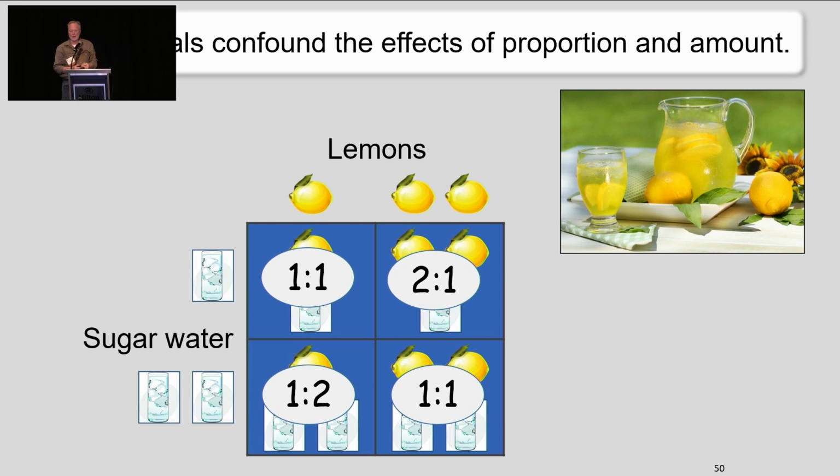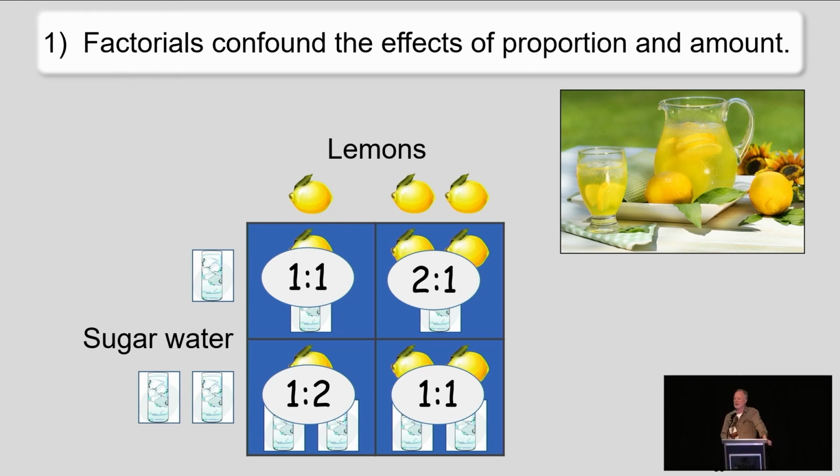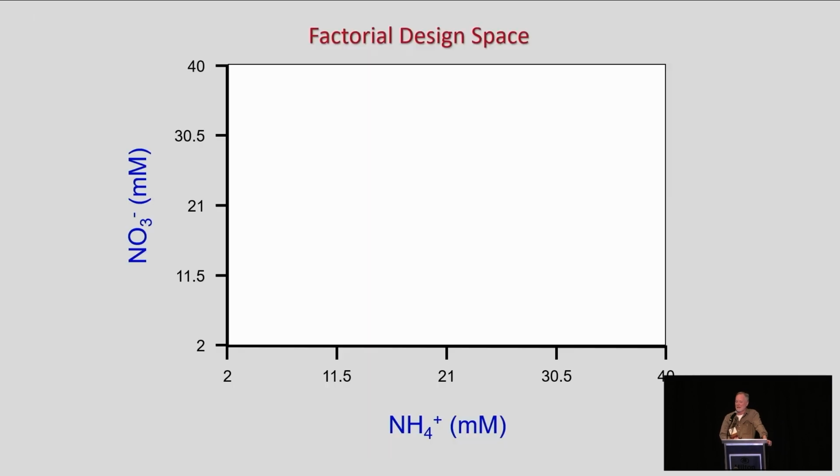Now remember, factorials confound the effects of proportion and amount, and we saw that earlier, where the factorial sees two treatments, the proportion mixture sees only one. The same thing happens if we treat something that's a mixture as independent factors. So here's what the design space looks like if we were to experiment with ammonium and nitrate and treat them as independent factors.